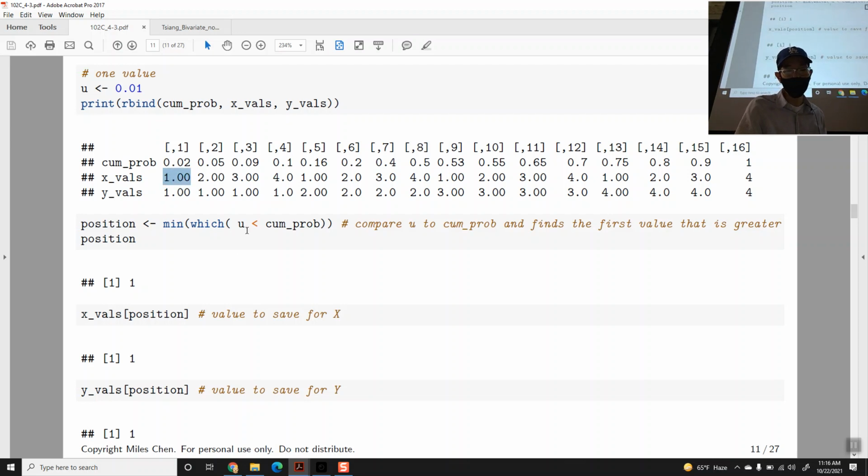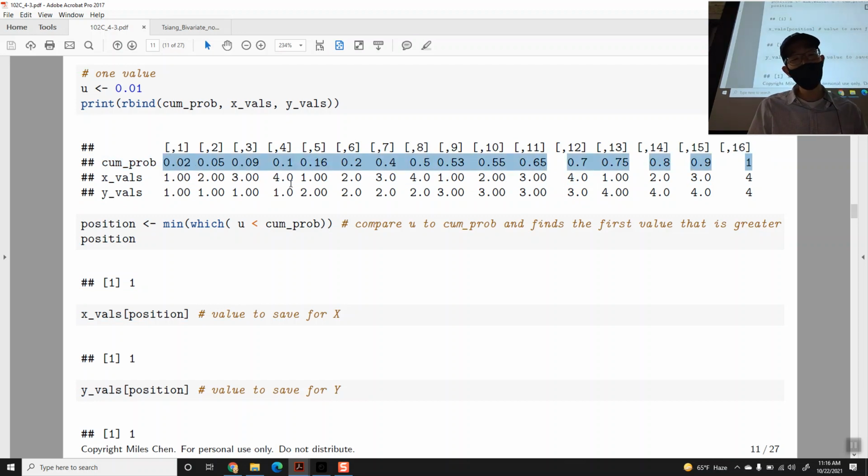So we're going to look at this vector of cumulative probabilities, and we're going to ask which of these is true: u is less than which cumulative probability? And it's going to be true for all of them. U being 0.01, and the cumulative probability being this vector of 16 values, we're going to get 16 trues.